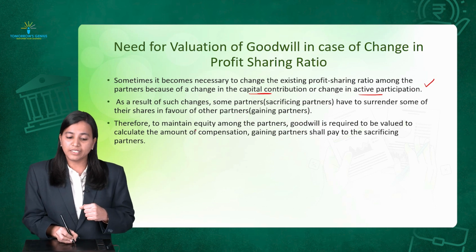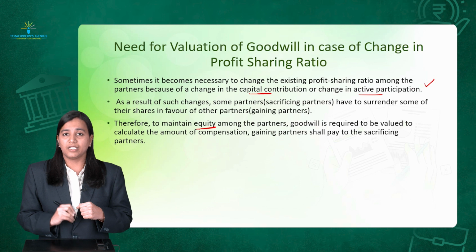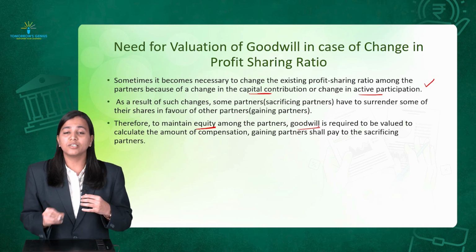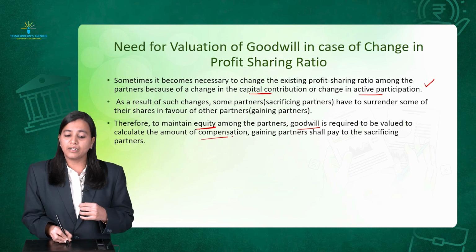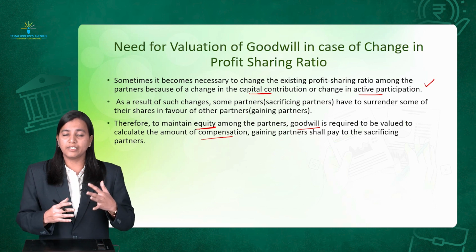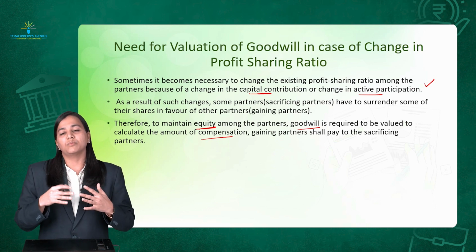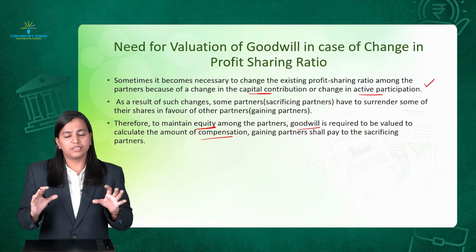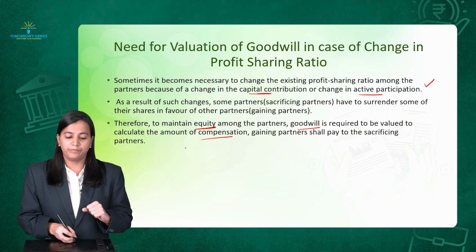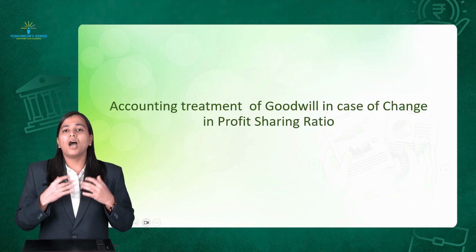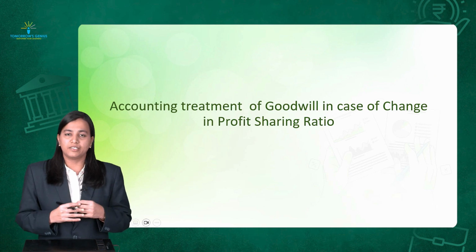So, to compensate and to maintain equity among the partners, we need to calculate goodwill. The amount of compensation is calculated and the gaining partner pays the money to the sacrificing partner. That is the concept.